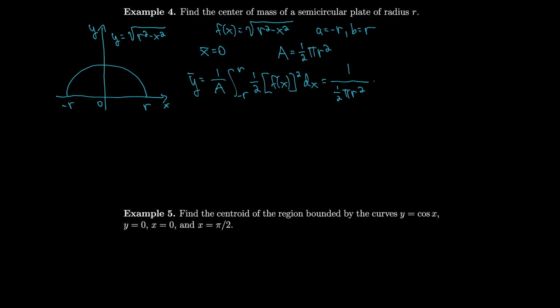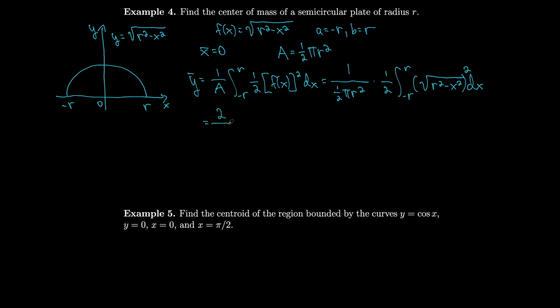So I'll pull out the half from half f of x squared dx, and I get the integral from minus r to r of the square root of r squared minus x squared, squared. Almost forgot. Which is really nice, because that way I don't have to deal with that stupid square root.